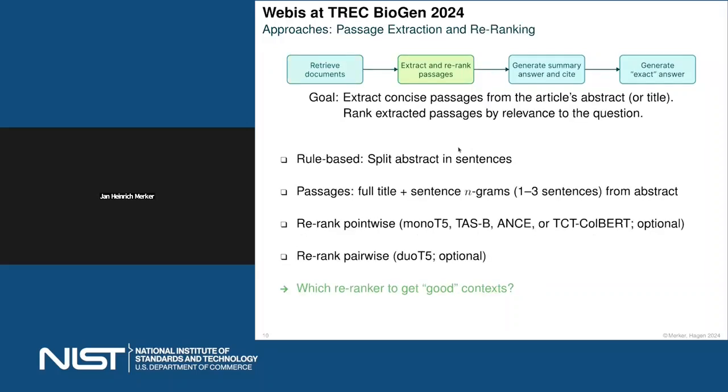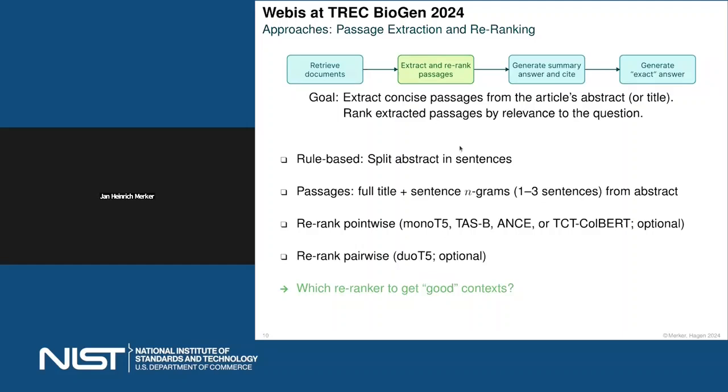Okay, so the passage extraction is also very simple for our approach. We used a rule-based approach where we just split the abstract into sentences and then use passages which are basically just n-grams of consecutive sentences from the abstract, up to 3 sentences.